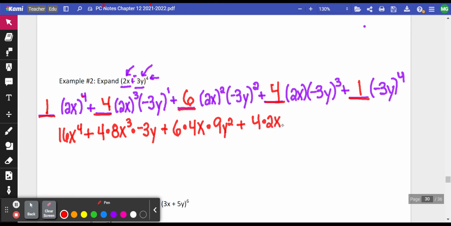We just have 2x. And then we have negative 3y cubed. Well, negative 3 cubed is negative 27. And then we just have y cubed. And the last one, we have that 1. I'm not going to write the 1. Negative 3 to the 4th power is positive 81. And then y to the 4th power.